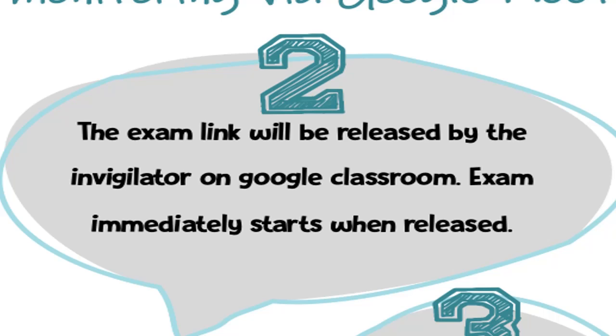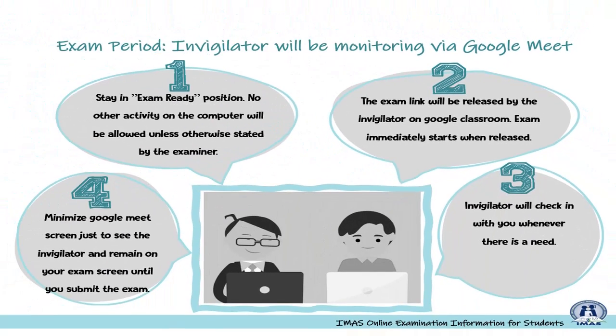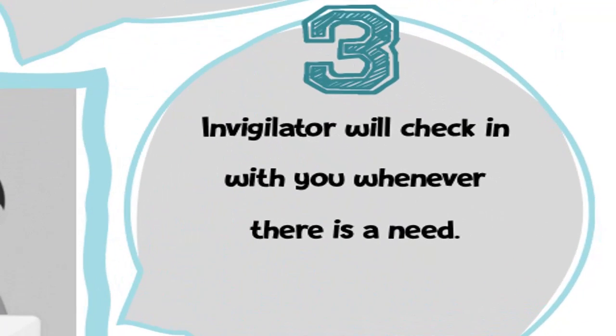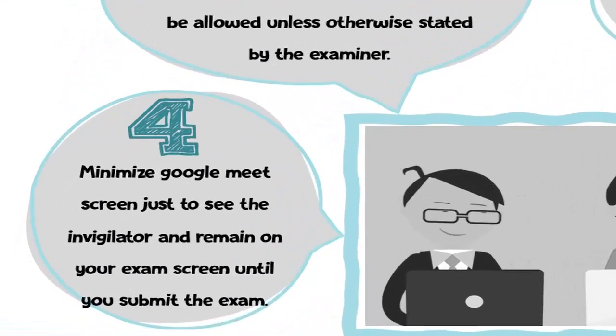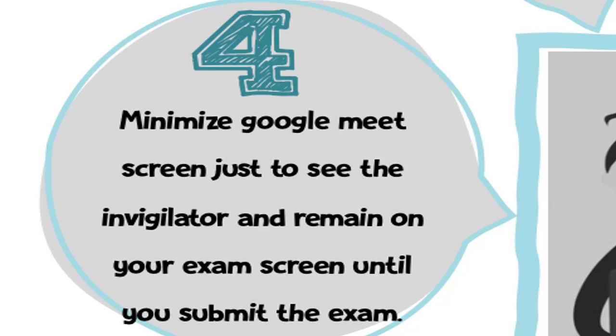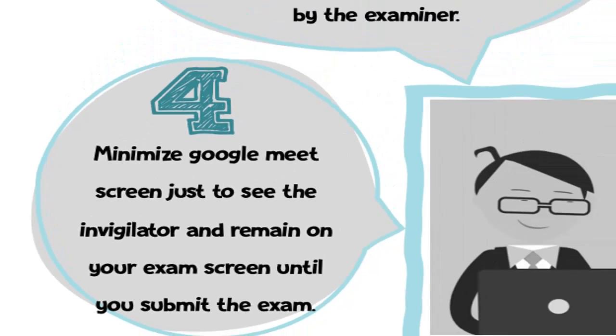Exam immediately starts when released. Number 3, invigilator will check in with you whenever there is a need. Number 4, minimize Google Meet screen just to see the invigilator and remain on your exam screen until you submit the exam.